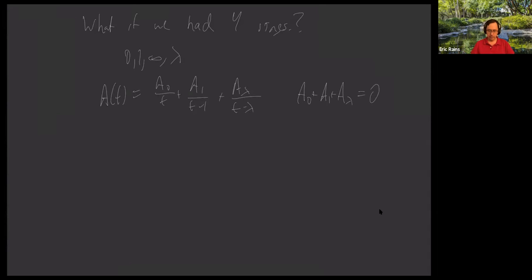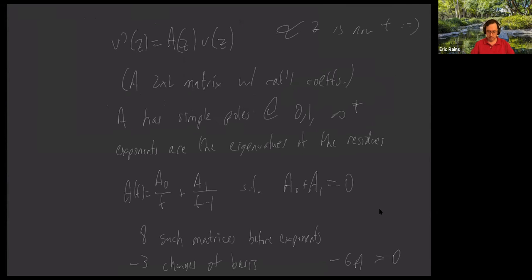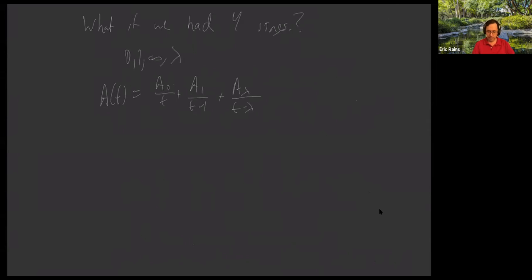I think this is correct. Yeah. Wait, no. Sorry, I was incorrect earlier. Infinity is minus the sum of A0 and A1. So A infinity is the sum.